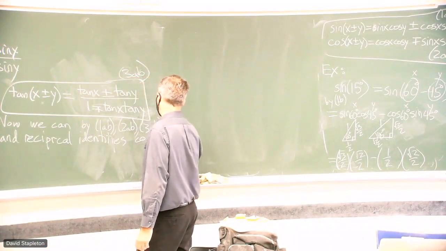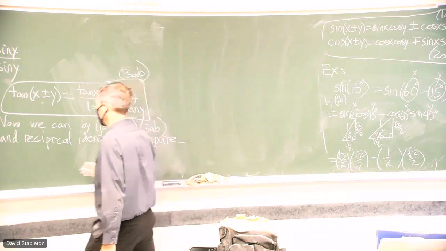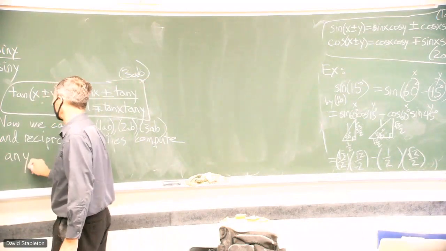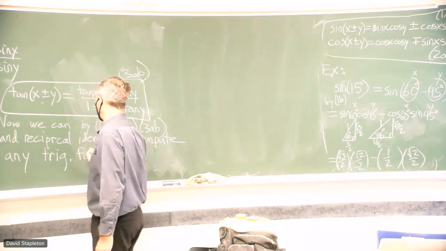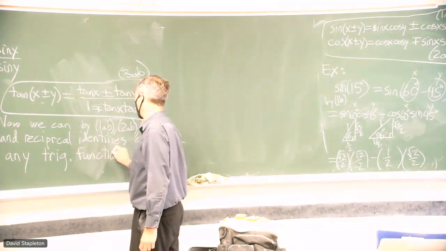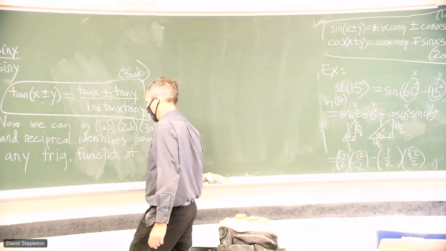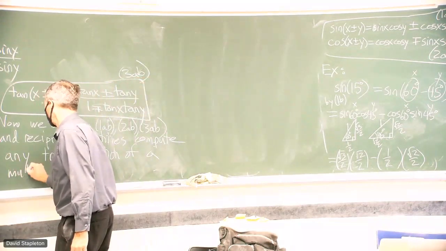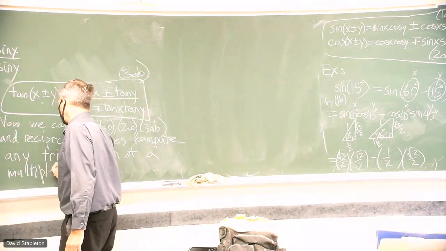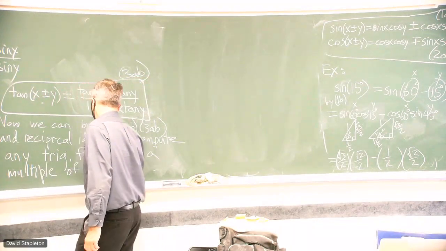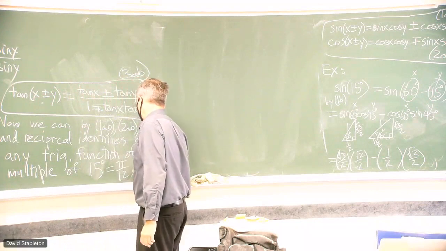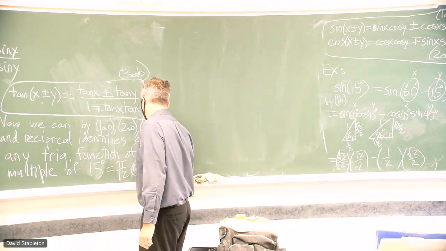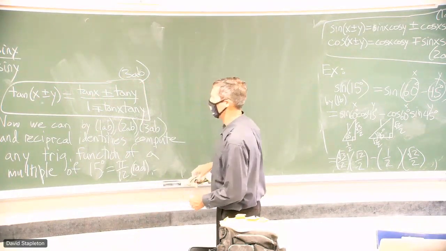Compute any trig function of a multiple of 15 degrees exactly. Which again is pi over 12 radians.